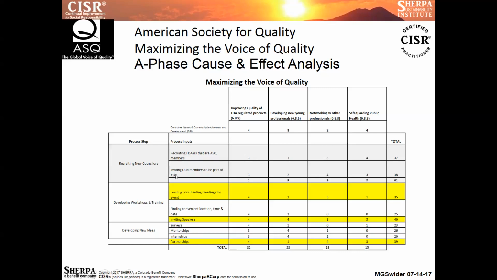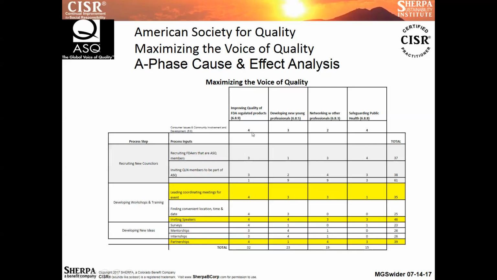Again, with your group, you agree on numbers that you want to assign and prioritize here to identify which ones you want to tackle first. They're highlighted here in yellow. That was a decision of the group.